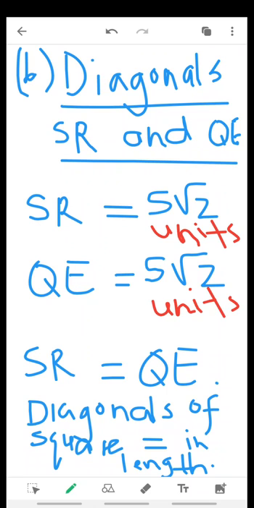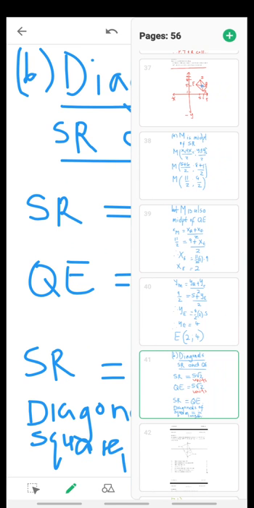Then QE, I also found that it was 5 root 2 units. Therefore, SR and QE are equal. What does that mean? I've answered the question. The diagonals of a square are equal in length. All right, you need to write that conclusion. It's very important.